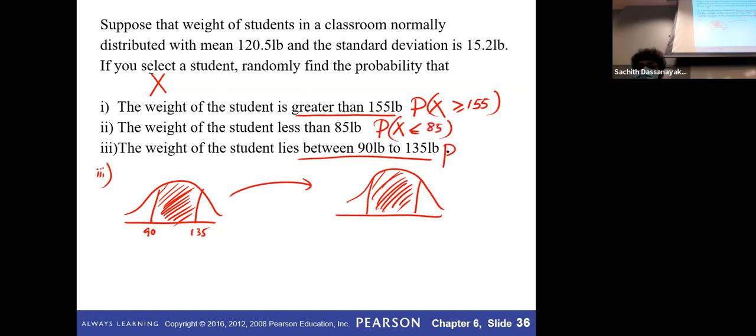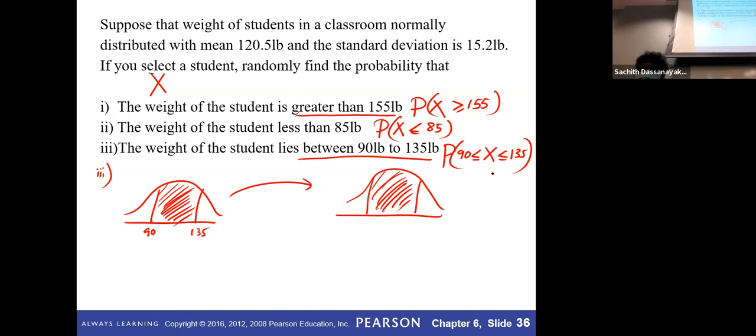What about this one? How do we write it? Capital X, that's my variable. The first one, between 90 and 135, means greater than 90 and less than 135. Which means 90 less than or equal to X, and X less than or equal to 135. Okay, clear?